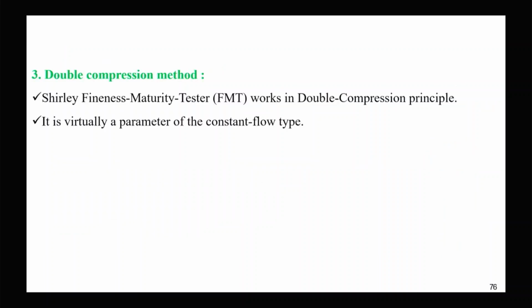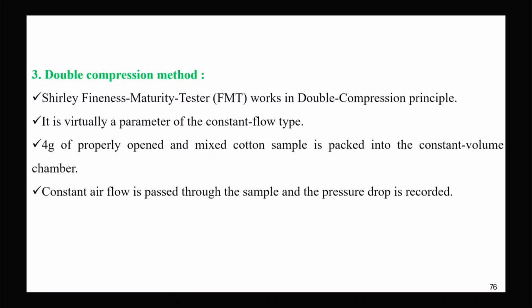In the double compression method, we take a specific quantity of fiber, say 4 gram, open it and mix it properly, and pack it in a constant volume. A constant airflow is passed through the sample and the pressure drop is recorded.